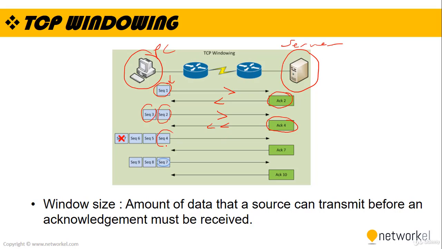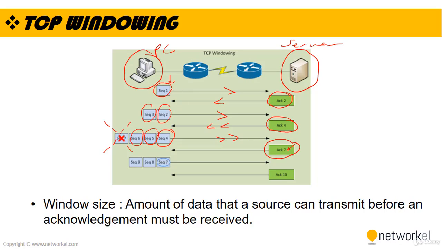But here, the PC is sending 4, 5, and 6 to the server, but this time the acknowledgement number is 7.